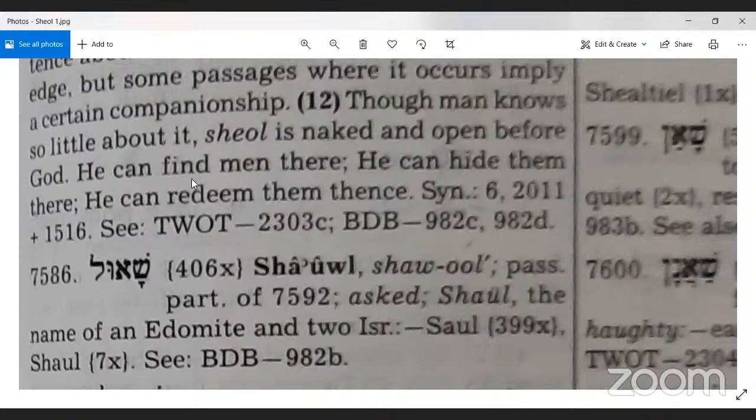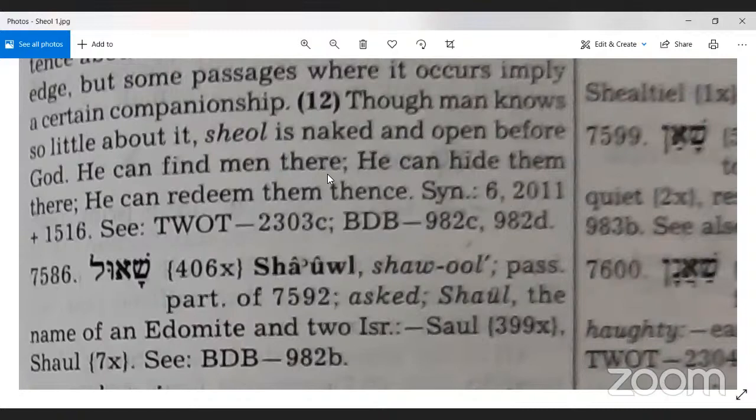Well, number 12 just says we know so little about it, but it's wide open. It's there for us to gain knowledge about it if we want to. And it says you can find men there. This points out that the Most High can find you there. He can hide you there.